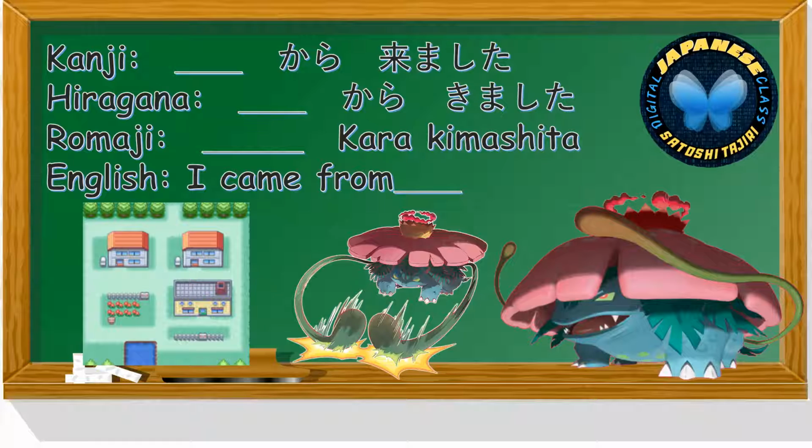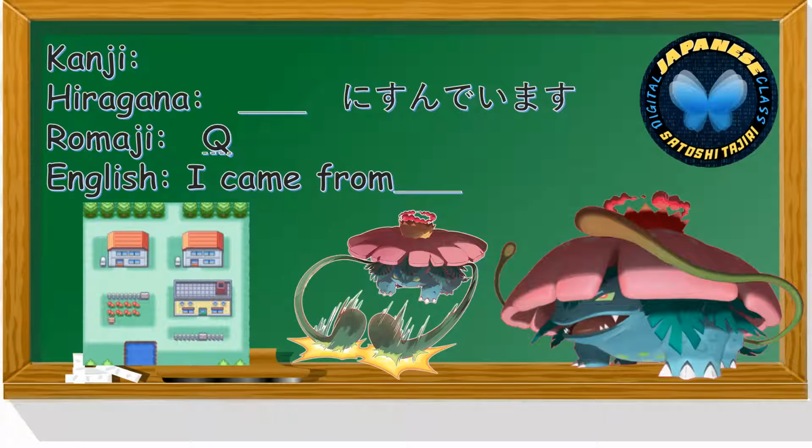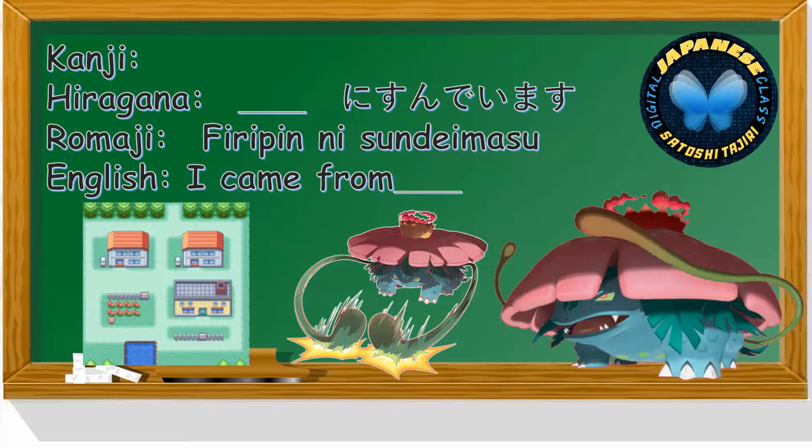Now, Sensei, how will we say instead, I live in the Philippines? We're going to use instead blank ni sunde imasu. So for example, I want to say I live right now in Quezon City or in the Philippines, because I exist right now in the Philippines: Philippine ni sunde imasu.